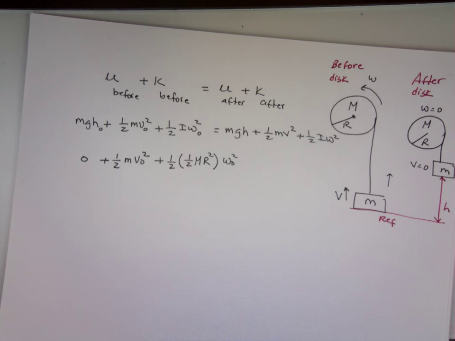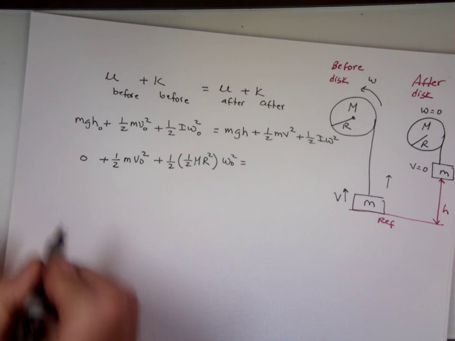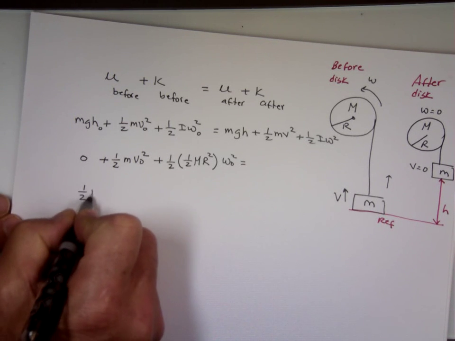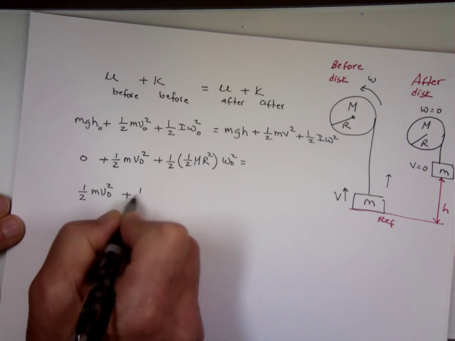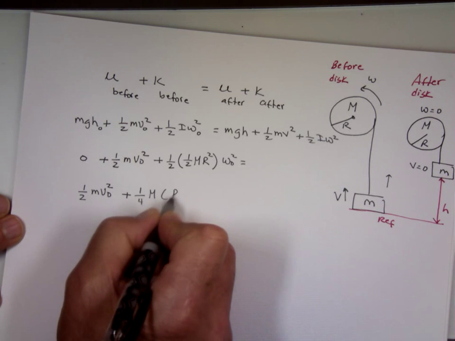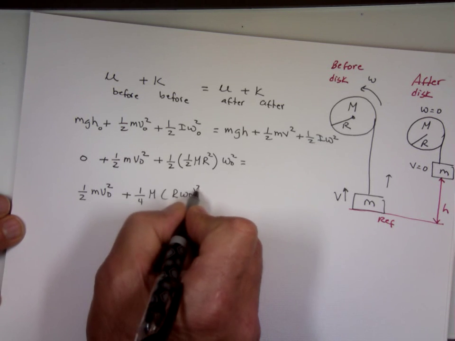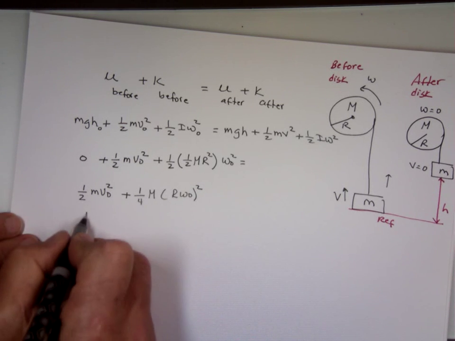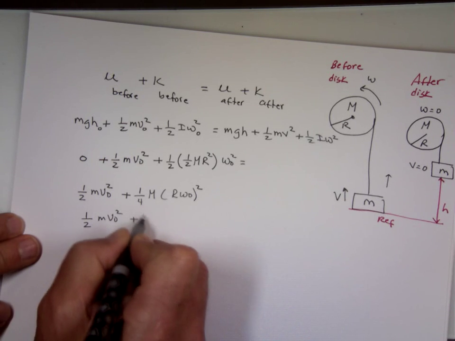Let me simplify this while I'm at it. 1/2 m initial velocity squared plus 1/4 capital M, different mass, R squared times the initial angular velocity squared, which is v squared.